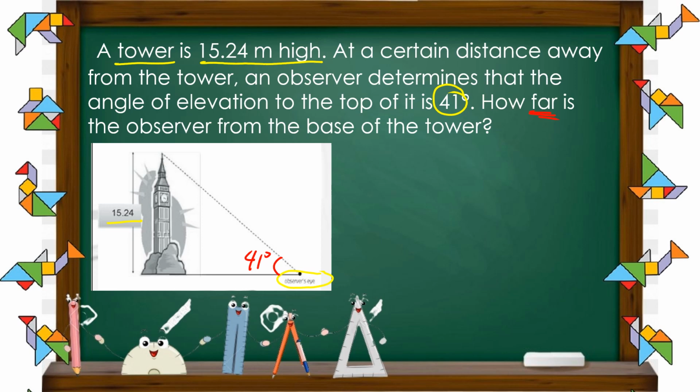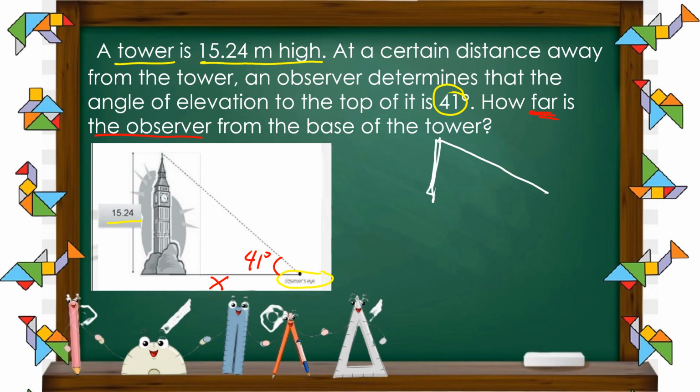Since it's asking how far, it's talking about the distance of the observer to the tower. So let me use a variable x. This is the unknown. From our first video, you have to identify the unknown and the given. Let me write the right triangle from that problem.